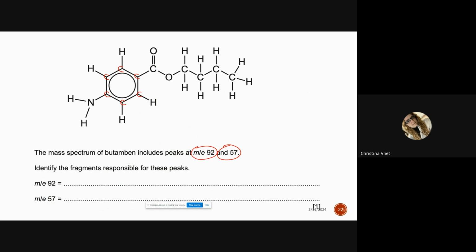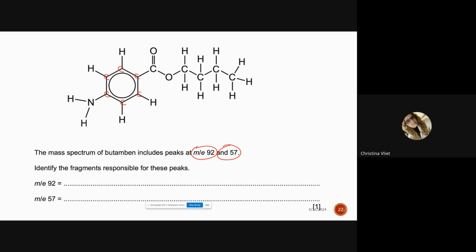Can you figure it out? How would you go about this? How can you get a fragment of this molecule that has a molar mass of 57? What could you start doing to figure that out? Start splitting it in different places. My suggestion is, at each carbon, add up all the masses.